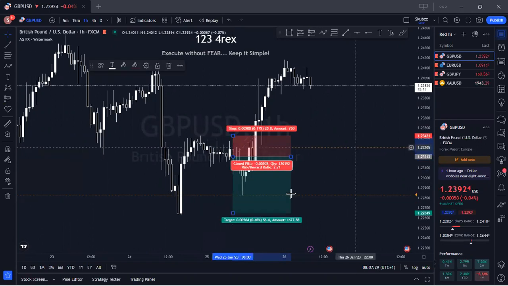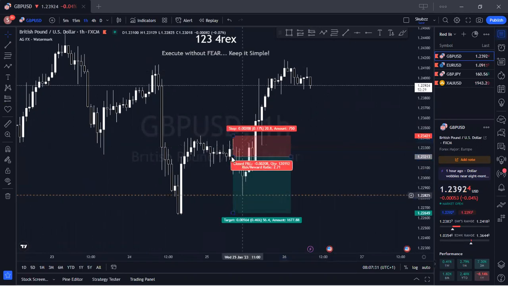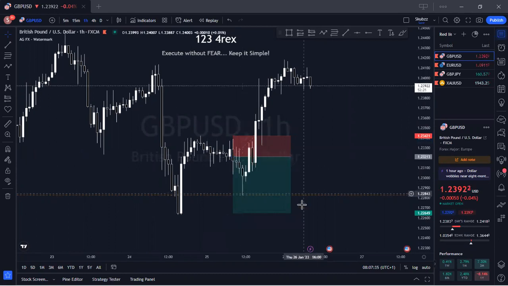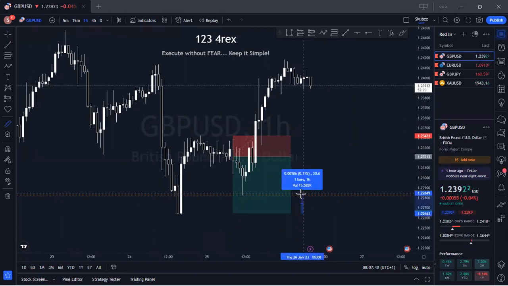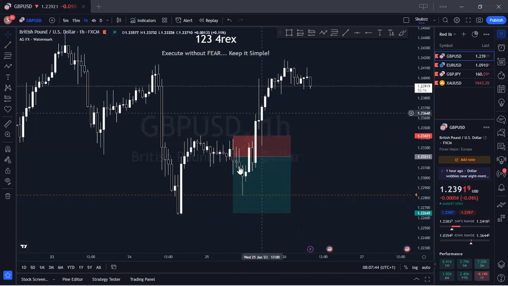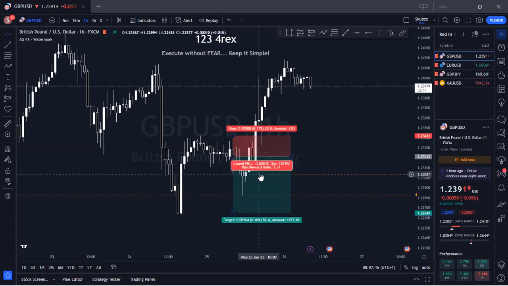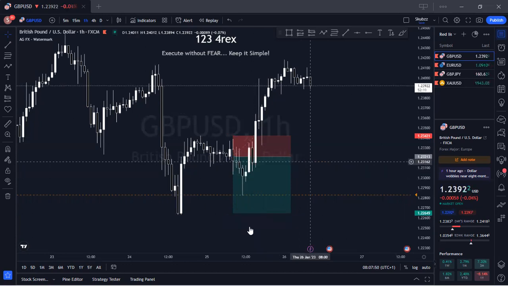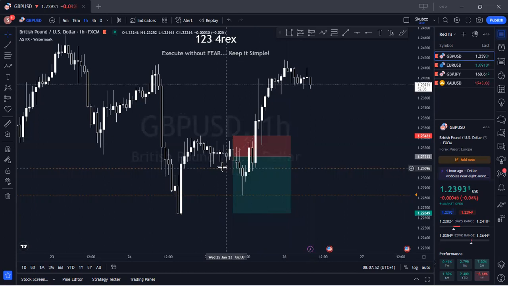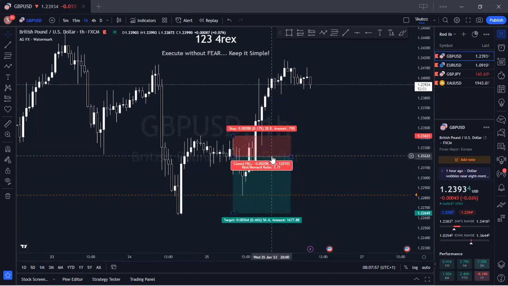Price came to less than 20 pips to the take profit, 19 pips, and then it reversed and took me out. I think the mistake I made was not moving my stop loss to break even. That was where the problem came from. Anyways, lessons learned.